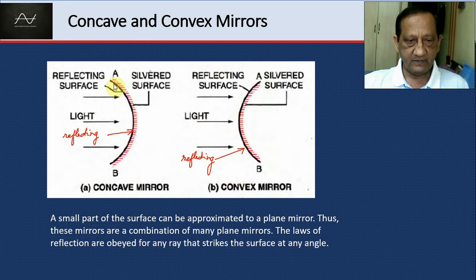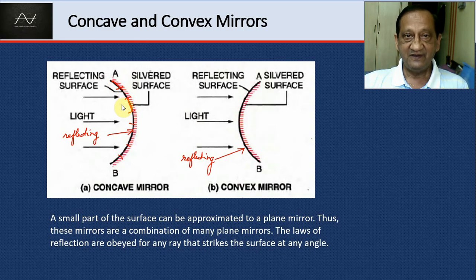Now, if I take a small part of the mirror, a very small part, it is a straight line. So any small part of this curved mirror can be treated like a plane mirror. That means the entire mirror can be seen to be a combination of many plane mirrors. Now you can imagine what happens if a parallel beam of light is falling onto this mirror and the mirrors are orientated differently.